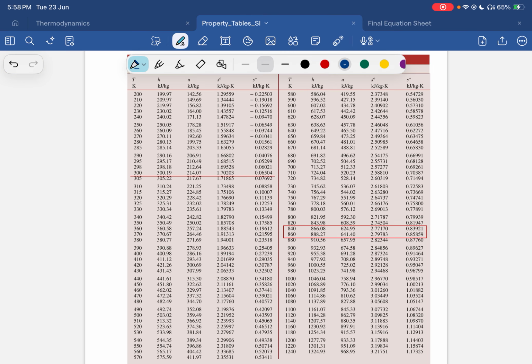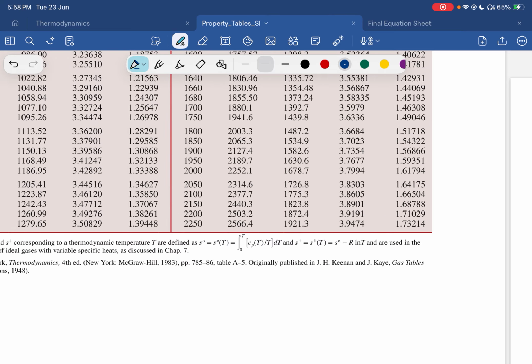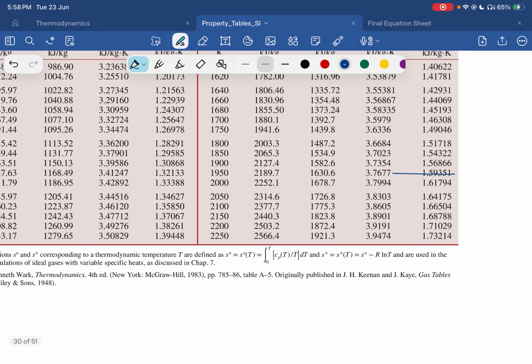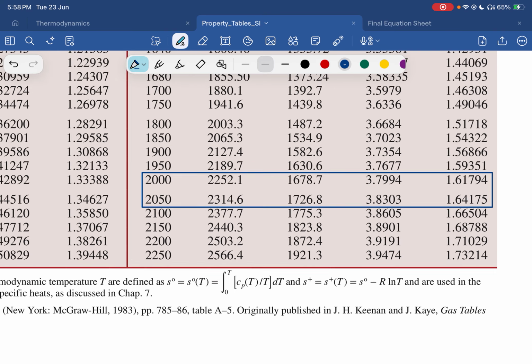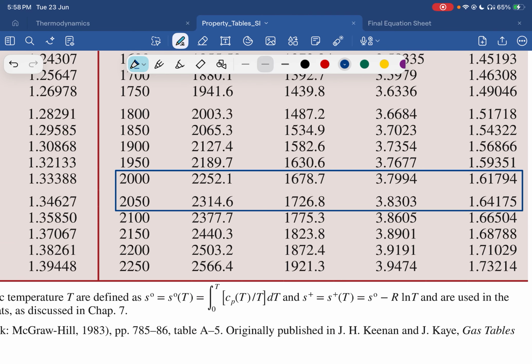And from that we go into the tables, and it's between these two values, and then we plug them in.